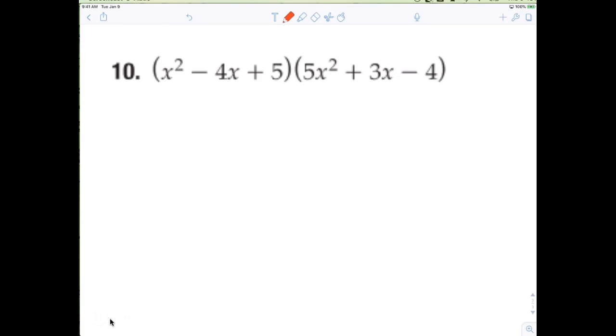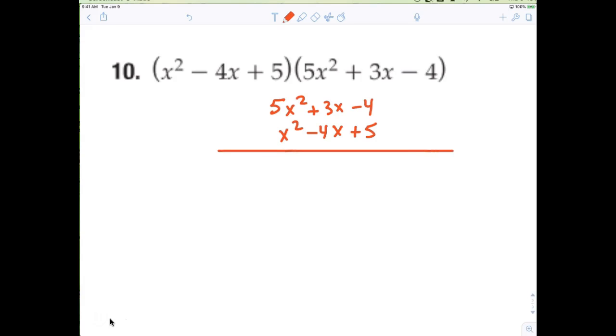So let's take a look at it. 5x squared plus 3x minus 4, and then x squared minus 4x plus 5. Give you a minute, see what you can do. Should be pretty easy.